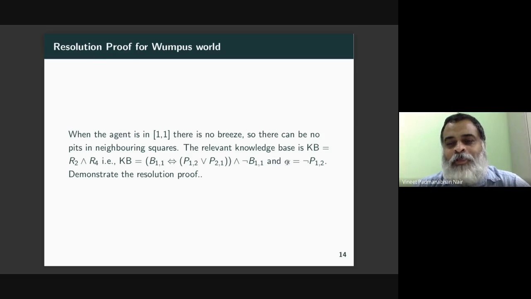And what is that you have to prove? You have to prove alpha, which means that you have to prove there is no pit in 1, 2. You have to demonstrate the resolution proof for this. Any one of you can think about, first you can think about whether there is any complexity involved in this.